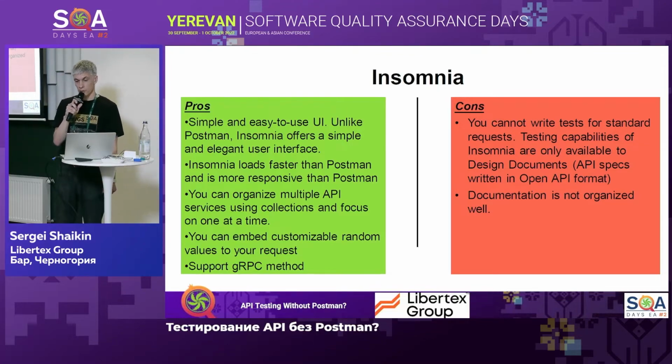But Insomnia is a young project, and you can write standard test requests and not convert them to code like in Postman. And documentation is not organized so well, it's also not useful in our work.